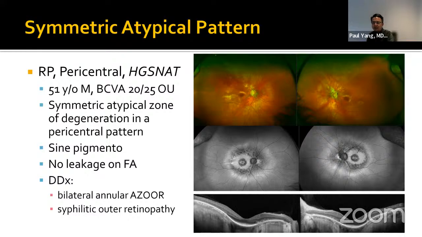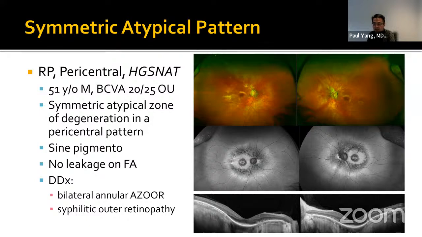So here's another atypical pattern that's symmetric in each eye. This is another type of pericentral pattern here. And what you'll see on the color of this photo is there are really not a lot of pigment changes. There's no bone spicules.